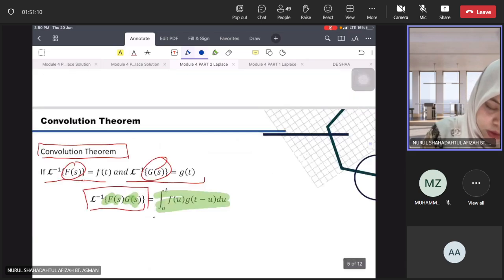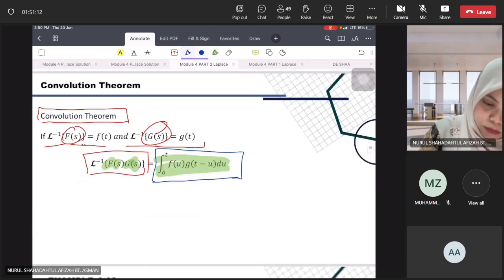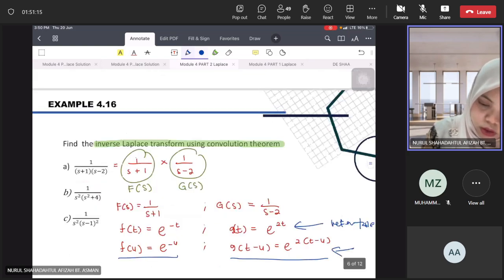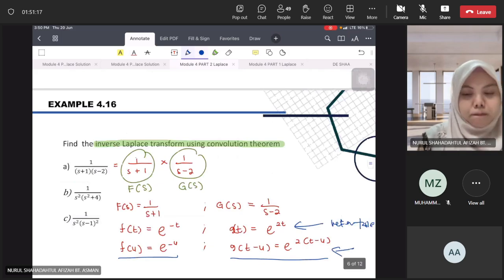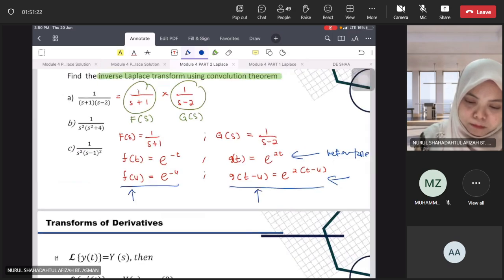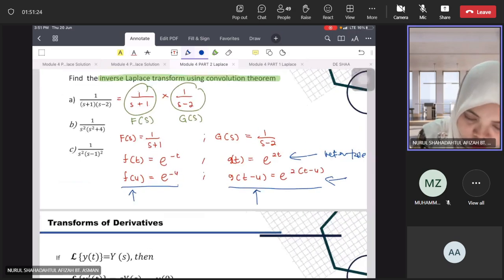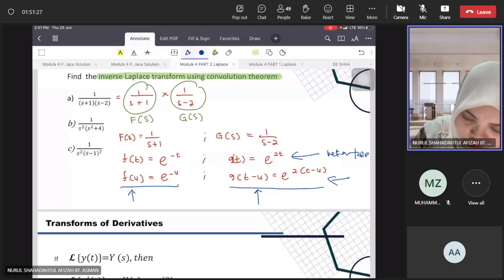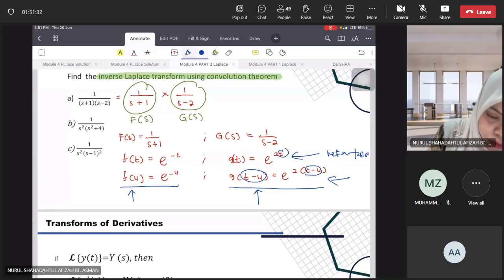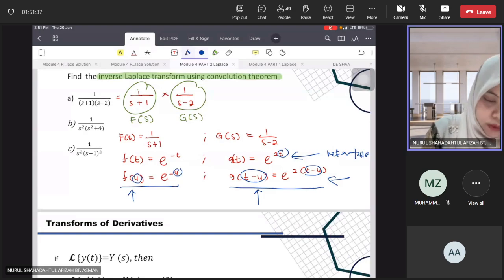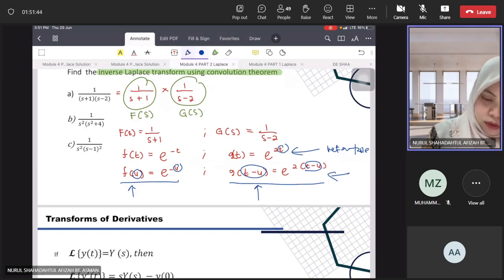So this one f(u) and g(t minus u). And then for the t, you just substitute the value here, t minus u. The question asks to find the inverse Laplace of 1 over s plus 1 times s minus 2.